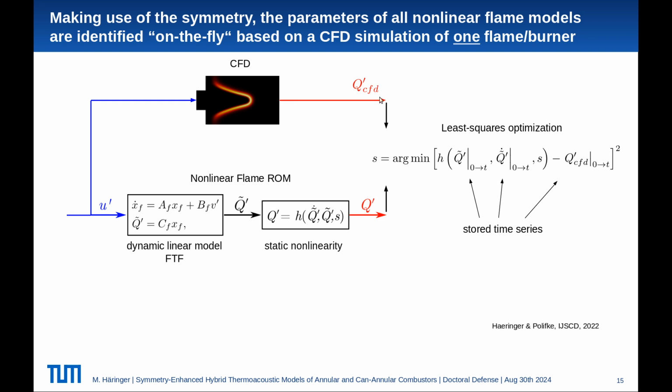We just compare the output of flame model and CFD, and we use simple least squares optimization to find the optimal fit for the parameter vector S. By that, we fit the parameters for the single flame model. Then by exploiting the symmetry of the system, we know that all the flames should have identical characteristics, and we just apply the parameters to all the flames of the system.